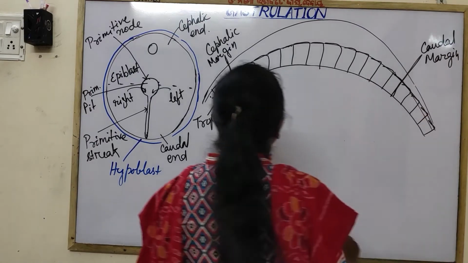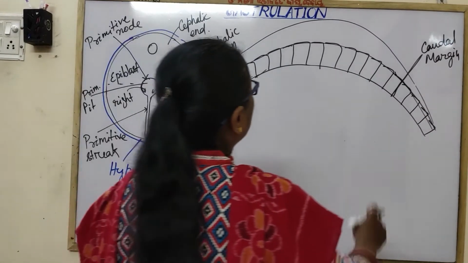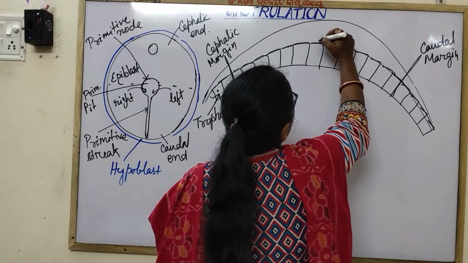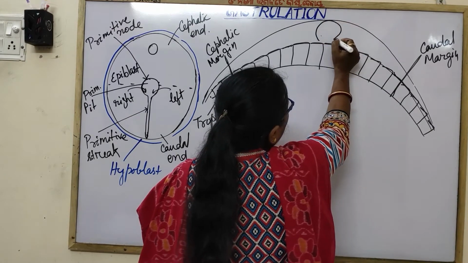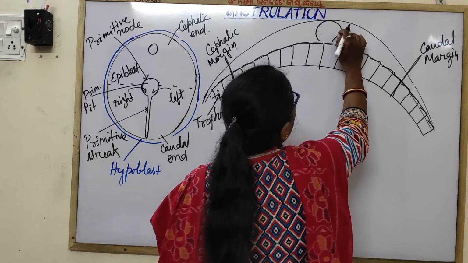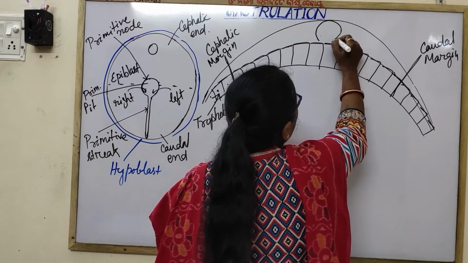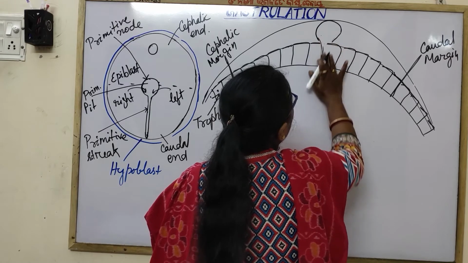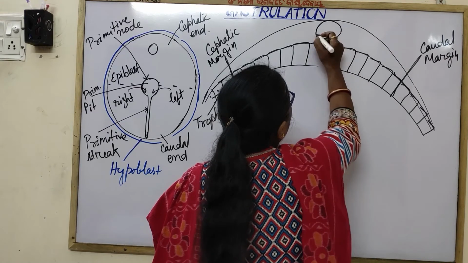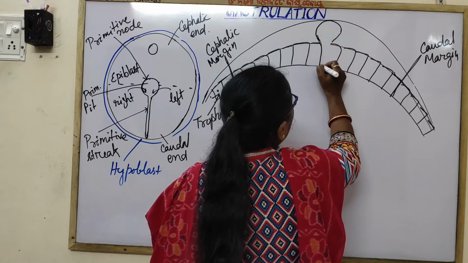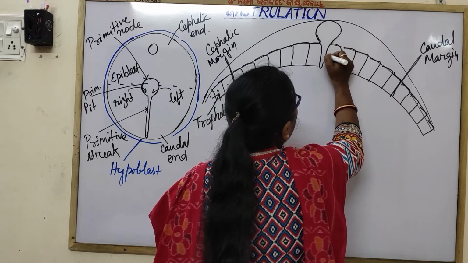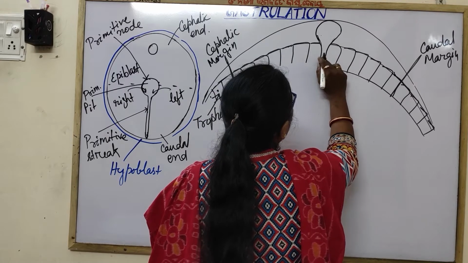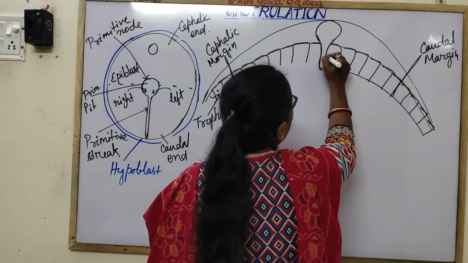Same, after that the trophoblasts are there. Here the primitive streak is formed in the middle of the epiblast.